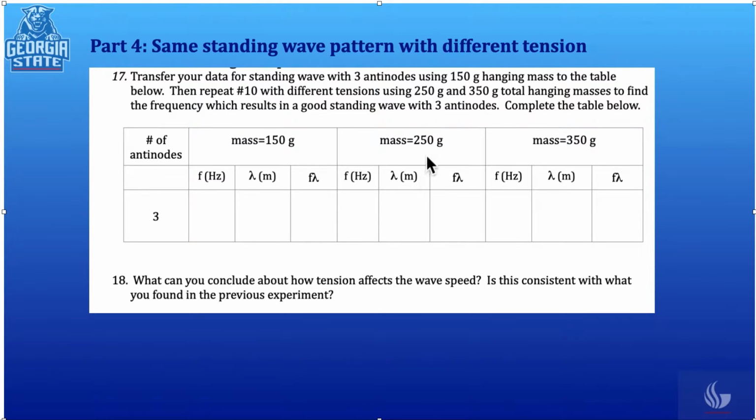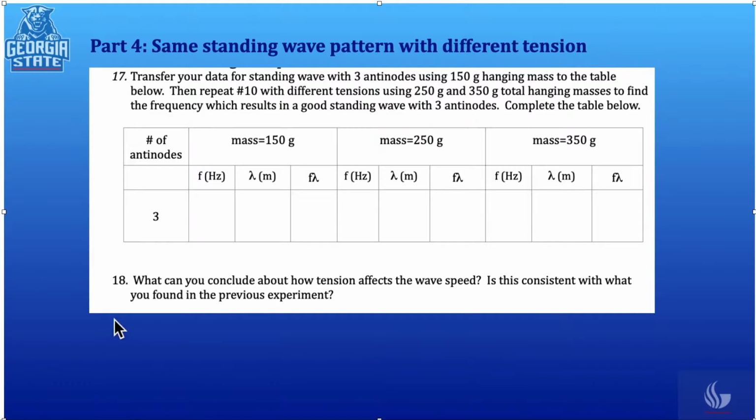Then increase the mass, again adjust the frequency so that you get 3 antinodes, measure the wavelength, and take the product F lambda. For the third case, increase the mass to 350 grams. Again, adjust the frequency to get 3 antinodes, and get the value of lambda and F lambda.